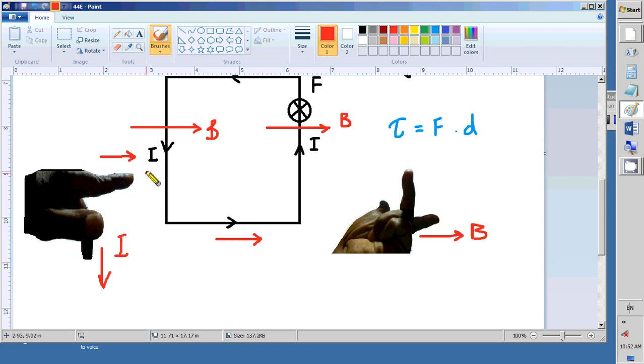We know already the direction of current, so we have to place those two fingers. And now look at the thumb. Thumb is coming out from the paper. Therefore, we draw a dot. That means the tip of the arrow.